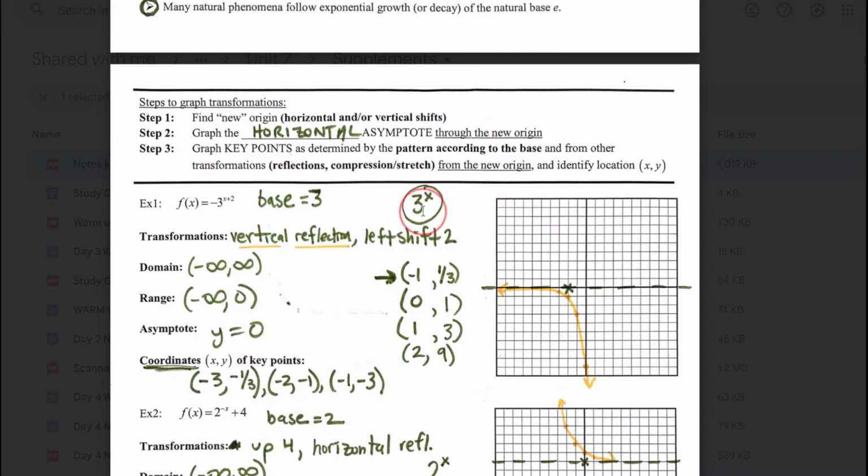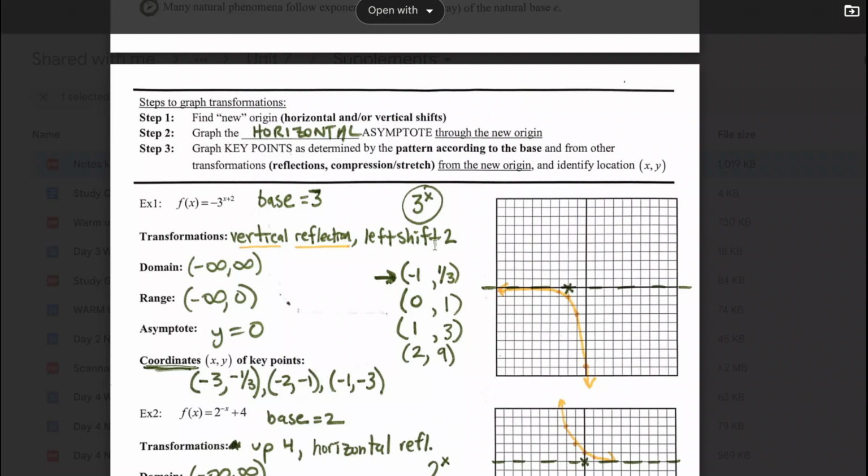So I have this base of 3 as my parent exponential function. What I like to do is get my 3 points right off of that: (0, 1) as always, (-1, 1/3), and (1, 3). And I'm going to do those 3 key points after I have my transformation. So I have a vertical reflection and a shift left 2.